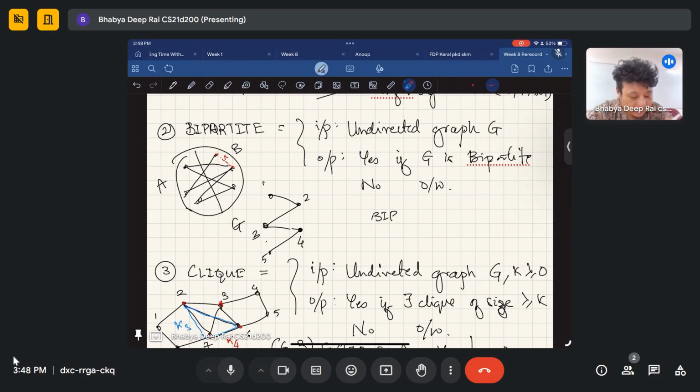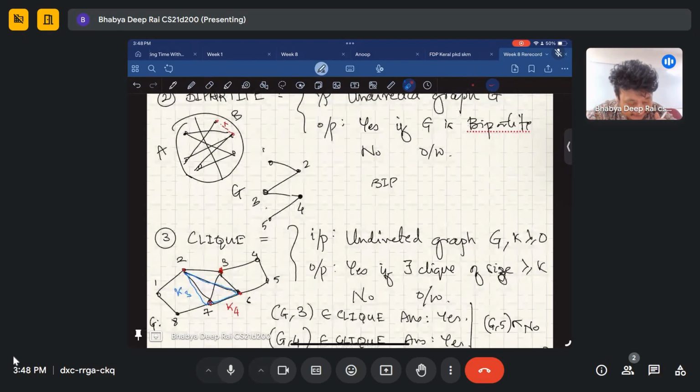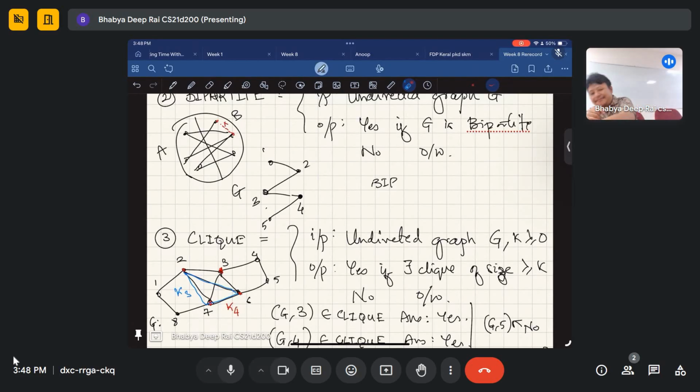And how do you verify whether it's a bipartite graph or not? I'm not asking you to check bipartiteness.